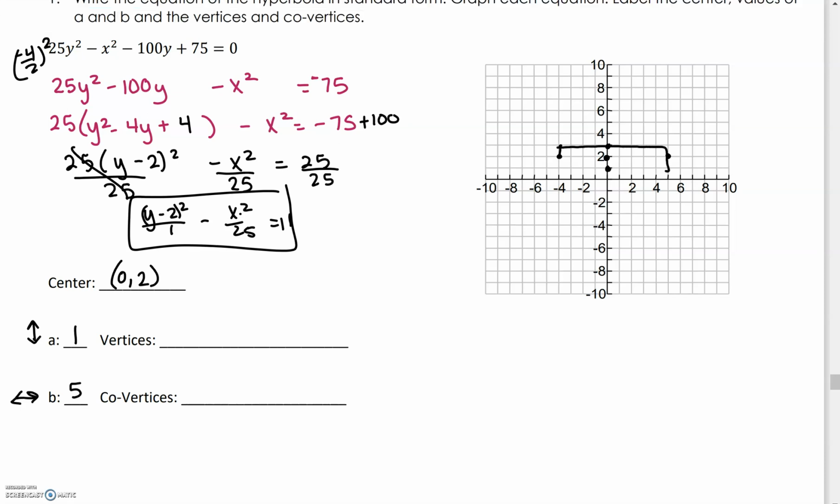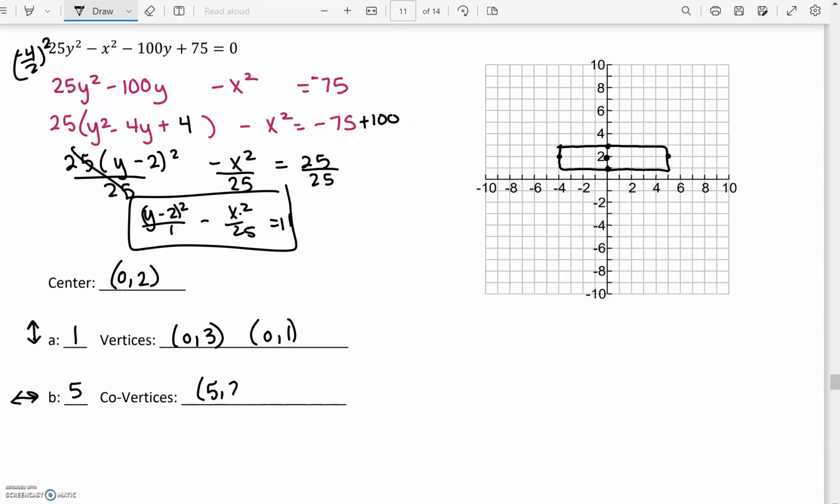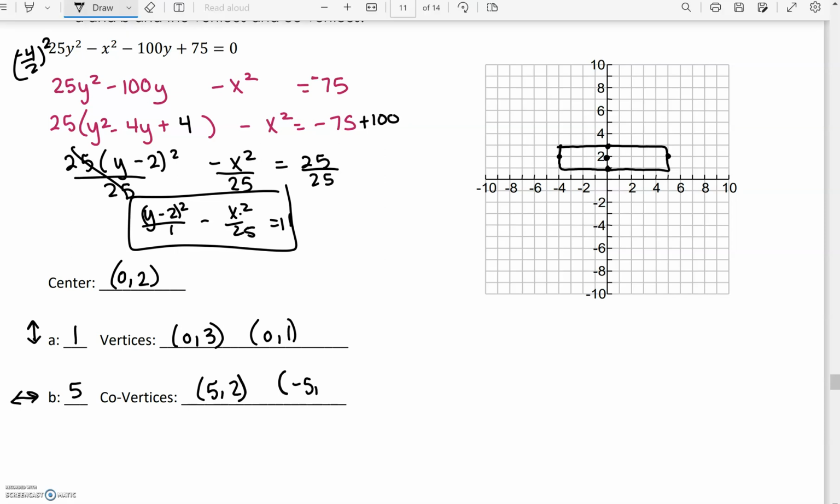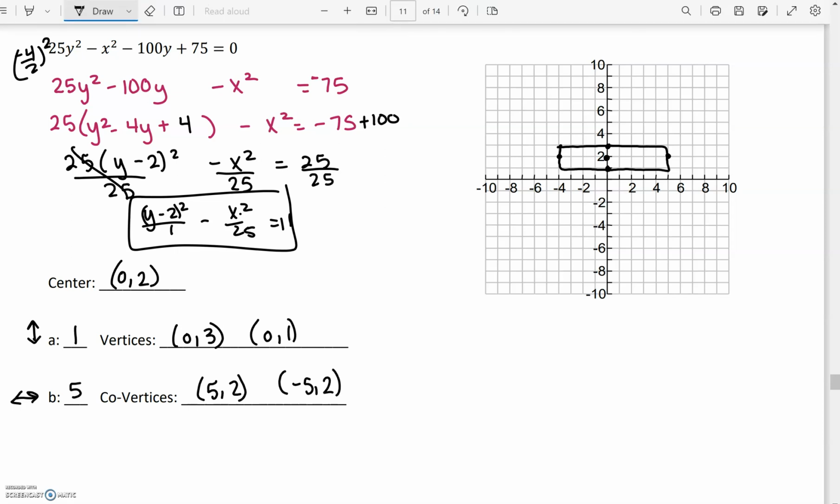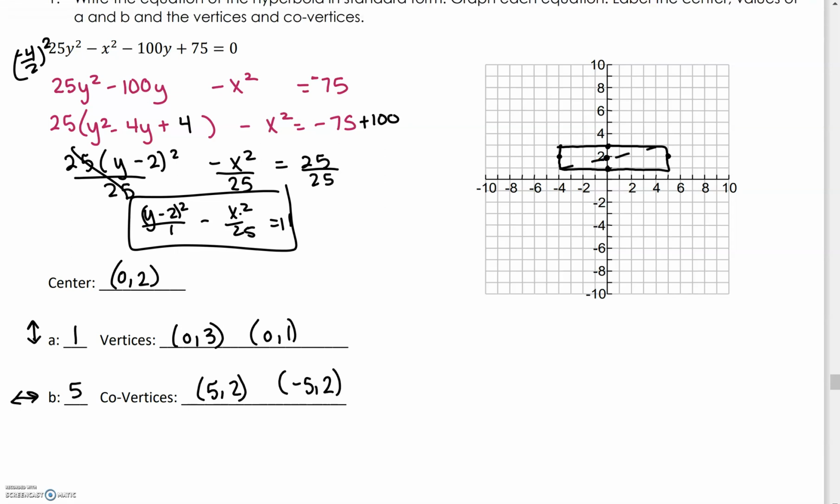And we have our vertices at 0, 3 and 0, 1. And we have our co-vertices at 5, 2 and negative 5, 2. And we're going to draw our dashed line. And then we are up and down because our y is first.